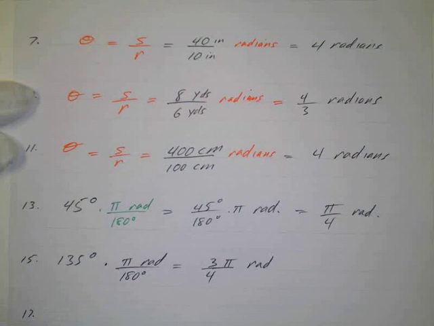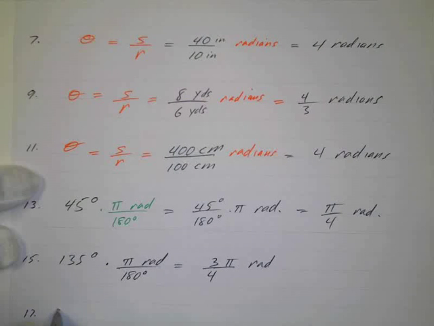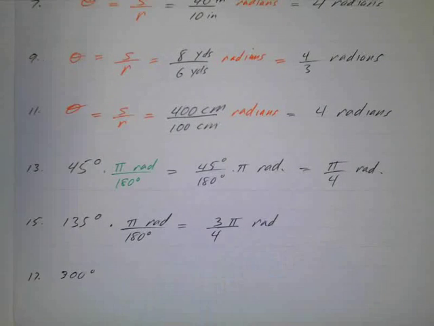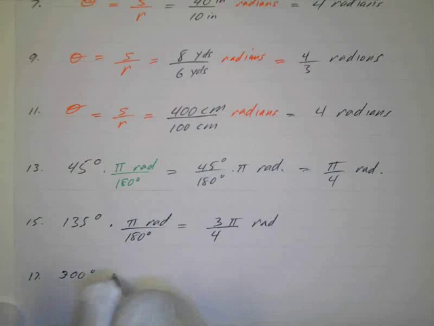Okay? On number 17, 300 degrees. You can see this, get this up a little bit higher here. And I'm going to multiply that again by, I want to change this to radians, so I have pi radians per every 180 degrees.